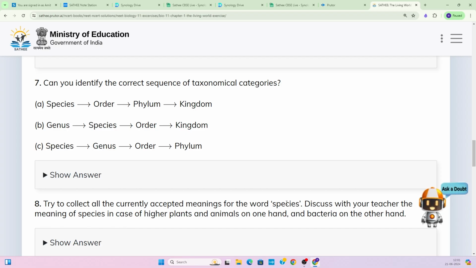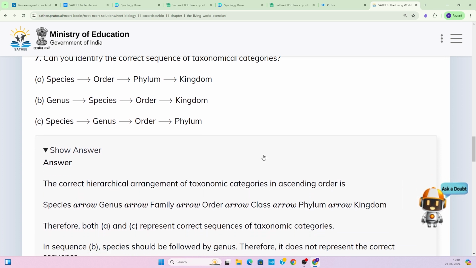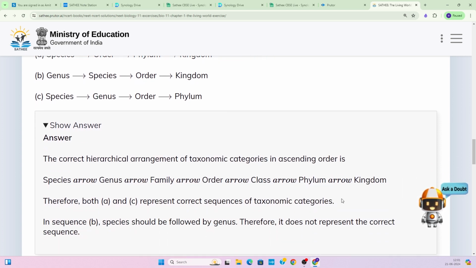And C: species, genus, order, and phylum. The correct hierarchical statement of the taxonomic categories is always in ascending order. So species, then genus, then family, then order, then class, then phylum, then kingdom. We know that.